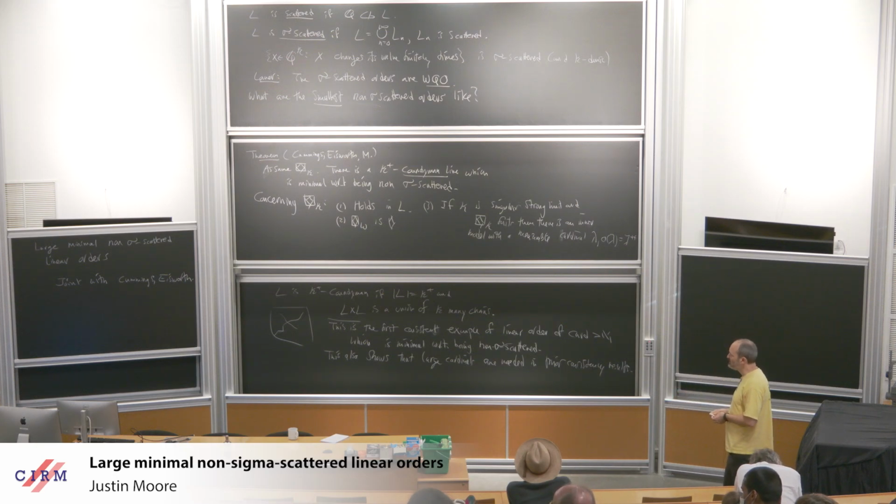But in the case kappa is regular, this principle is a square principle, and it holds, for example, in the proof of diamond from 2 to the kappa equals kappa plus. It is literally a square, and then on the square sequence you have a diamond sequence that coheres like the square coheres.